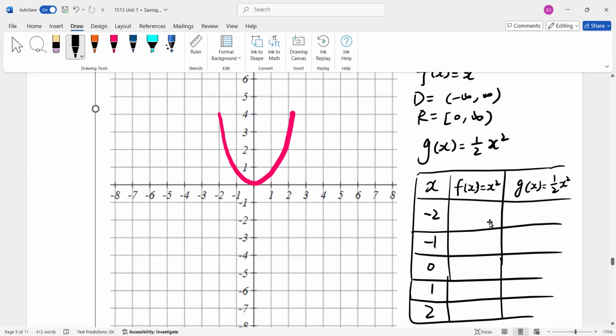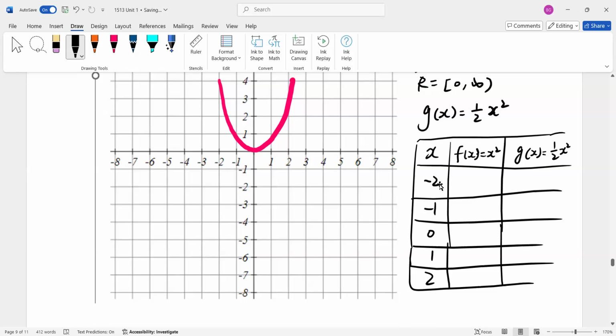I'm going to quickly plug in the inputs to get the corresponding outputs for function f, okay? When x is -2, 4; -1, 1; 0, 0; 1, 1; 2, 4, all right? And let's see, if we plug in the same inputs, what's the corresponding output for the daughter function?